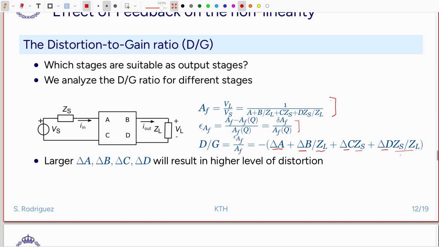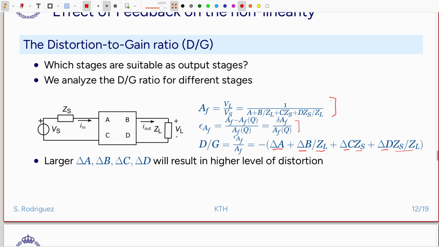In all cases, if the ABCD parameters increase, then the differential error to gain ratio is worsened.